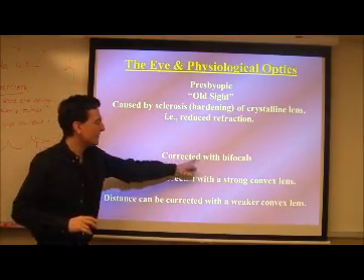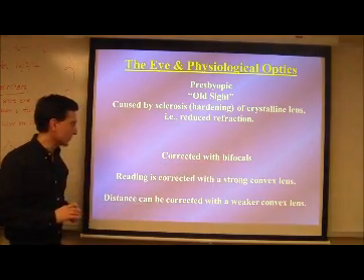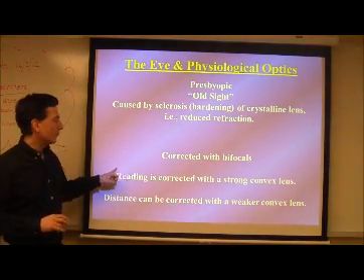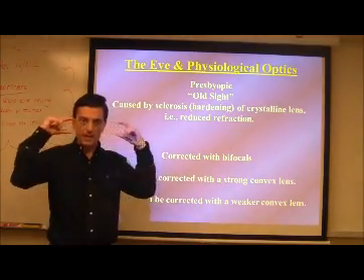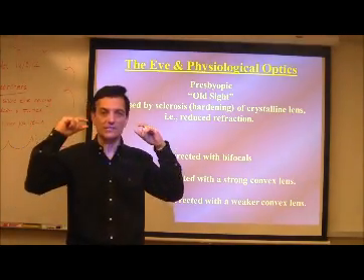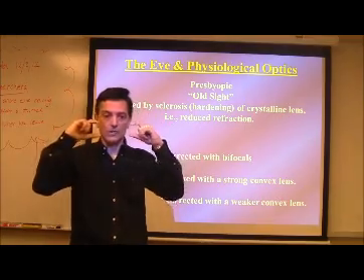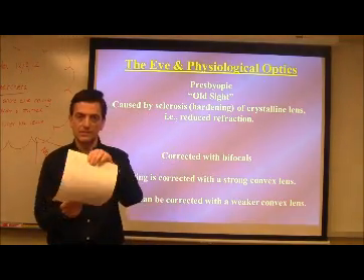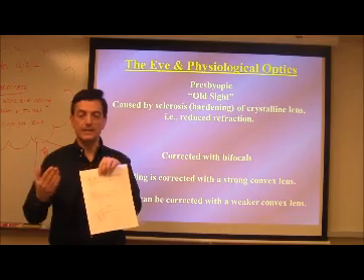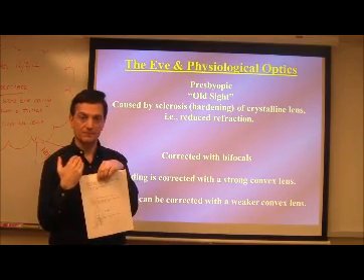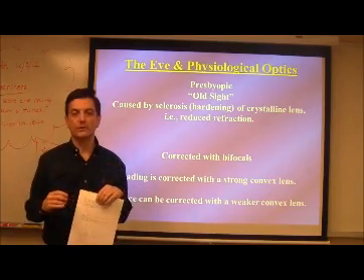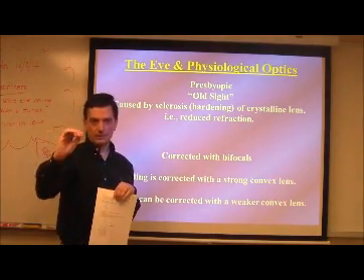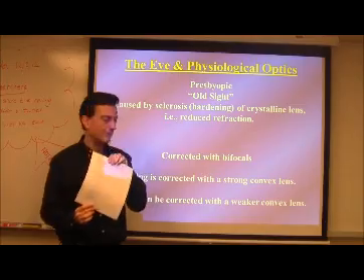Now the way that we correct this typically is with bifocals. For reading, we might have some correction with a strong convex lens. So on the bottom half of your parents' or your grandparents' glasses or bifocals, we have a really, really strong lens that can help refract or bend the light that we need to bend from close distances. When objects are further away, though, as we move the object further away, the light will be traveling in straight lines, and we might need a little bit less refraction in that case.